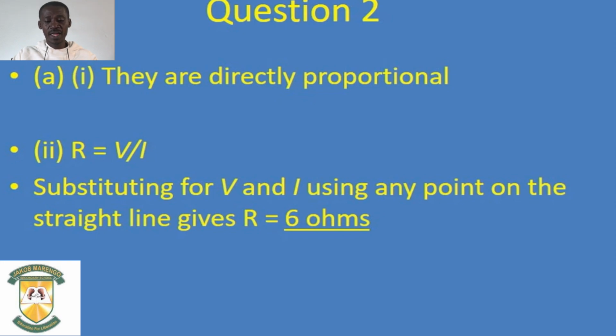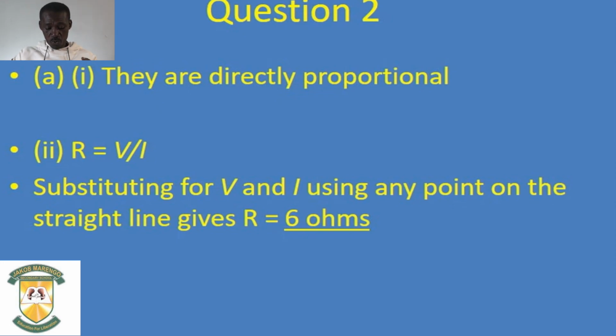If you take any combination of figures from the given graph and substitute it in the equation R equals V over I, you will see that the resistance of our ohmic conductor will be equal to 6 ohms. You can make use of any pair of points from the graph given.